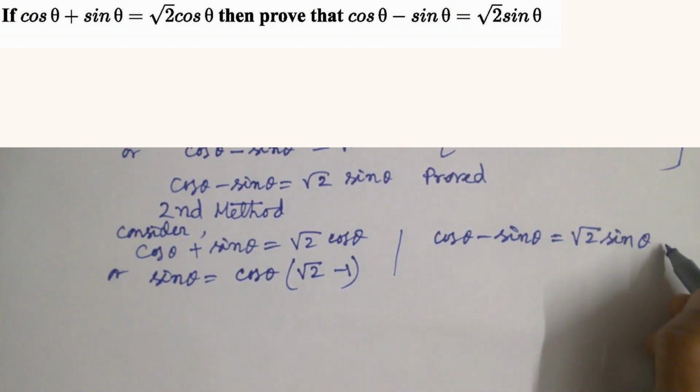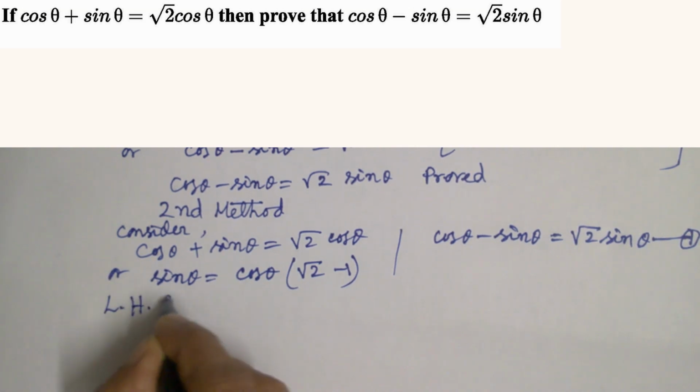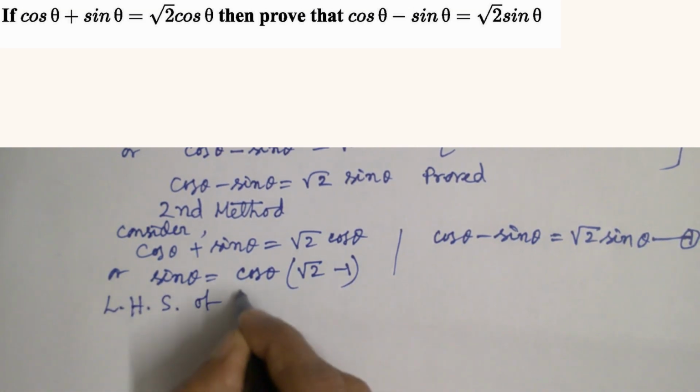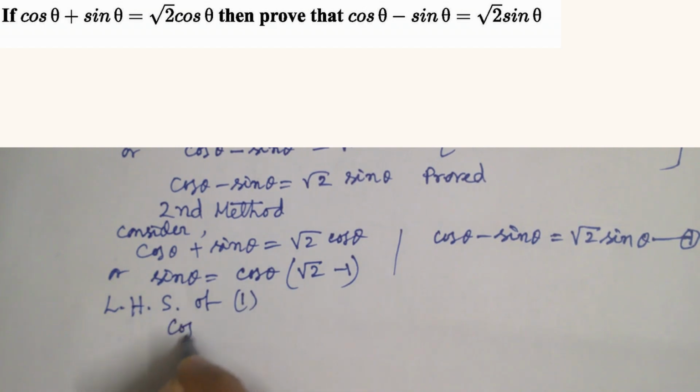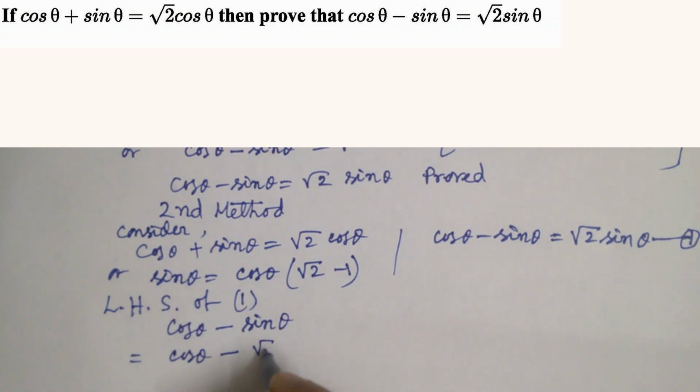Name it equation number 1. Now the left hand side of 1 will be cos theta minus sin theta. Now put the value of sin theta: cos theta minus sin theta is equal to cos theta minus root 2 minus 1, first writing cos theta.